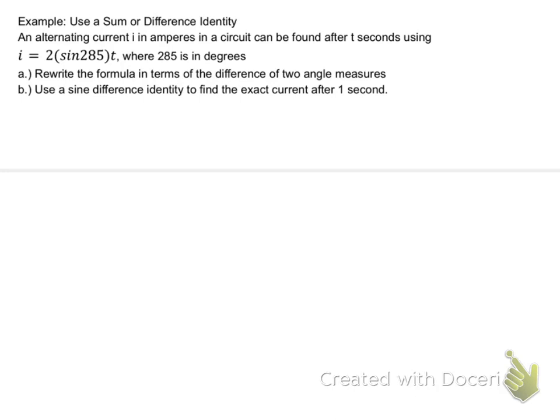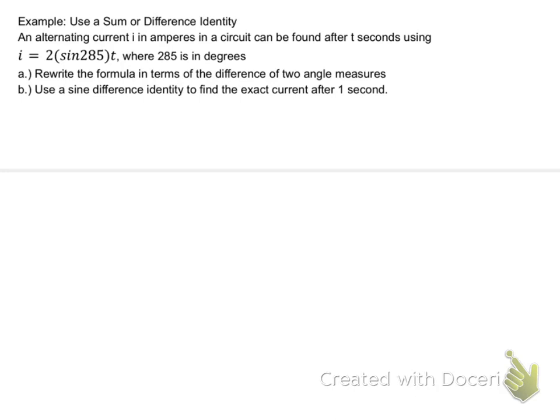So in part A, does it want you to change the formula drastically? No. It wants you to take the angle and write it as two angles being subtracted. What's the angle? 285. So am I going to change anything but 285?